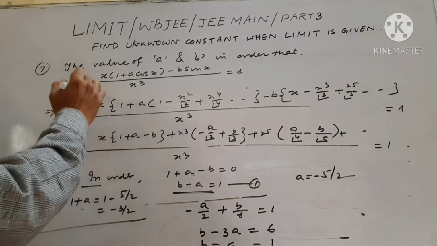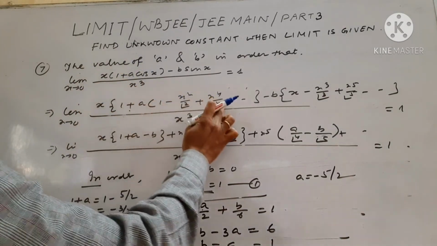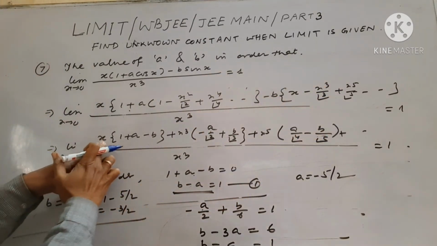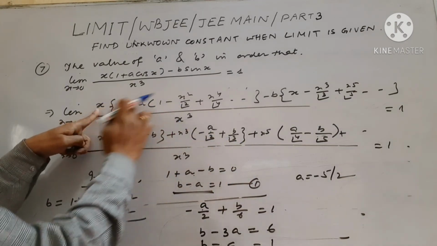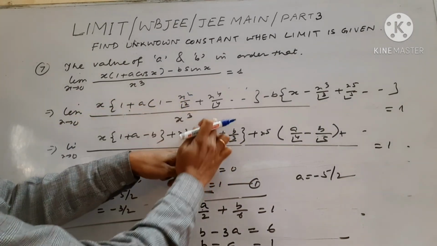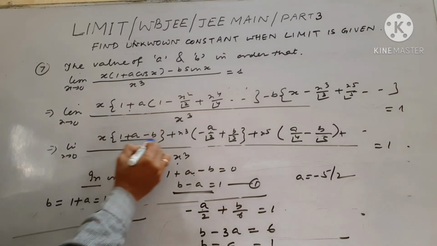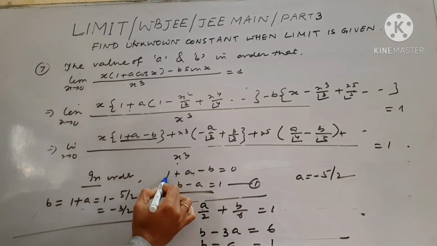So listen again, use the expansion of cos x and the expansion of sin x. Then the same procedure, x common, x cube common. Now look, x cube common, so this is a by factorial 2. So in order that the limit exists, otherwise it is undefined, 1 plus a minus b equals 0.